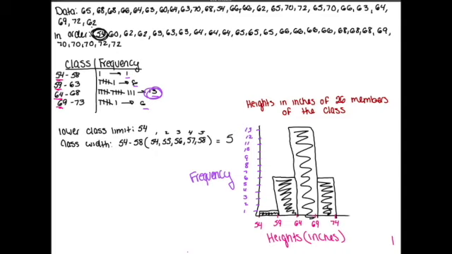So now that we have created our histogram, I'm able to identify what kind of shape it is. So what I gathered from this information and data is that this graph is bell-shaped. The reason I gathered it was bell-shaped is because there is one highest point right here.